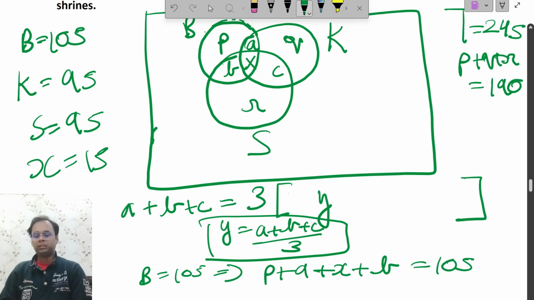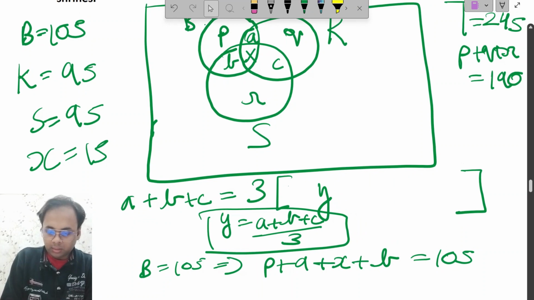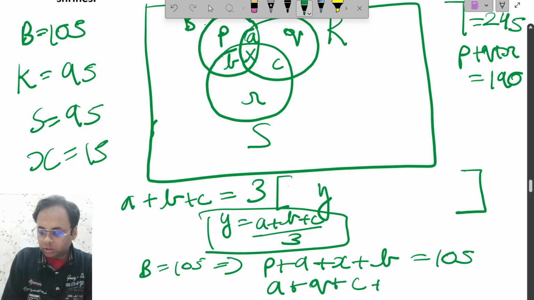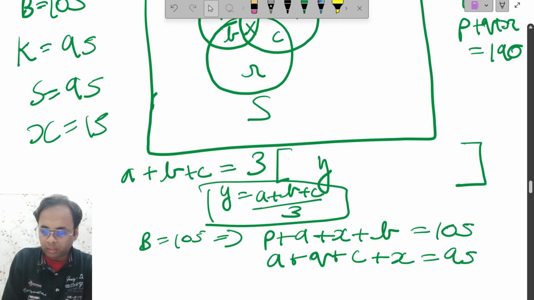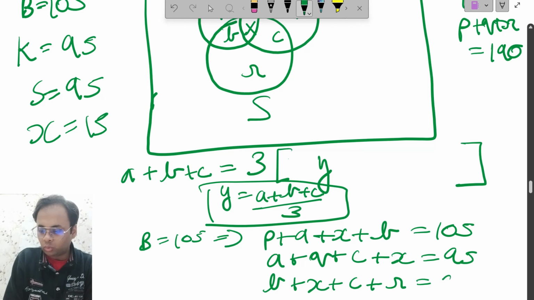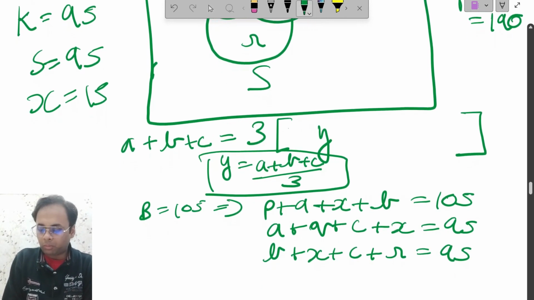Similarly K is 95 and K is made up of A plus Q plus C plus X equal to 95. And similarly for the S part, which is Somnath, it is B plus X plus C plus R equal to 95.